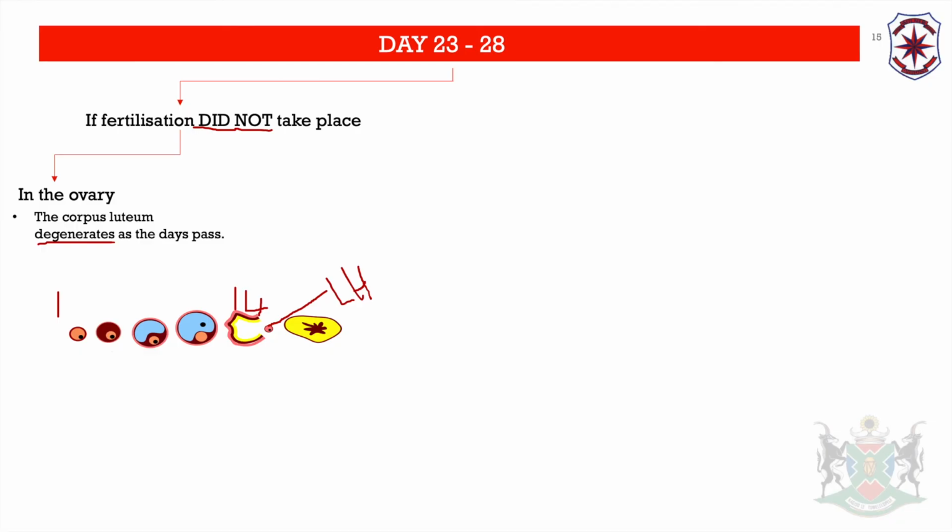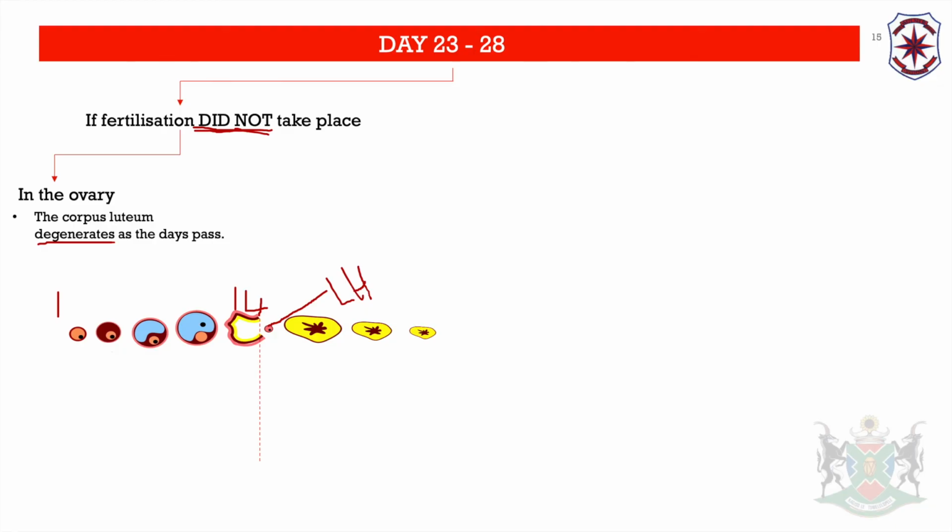Now, if fertilization did not take place at day 23 to day 28, then the corpus luteum will degenerate, become smaller and smaller until it completely disappears, broken down by the female body.